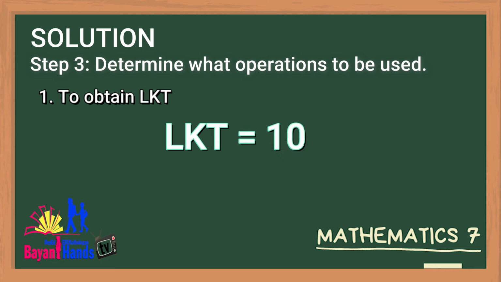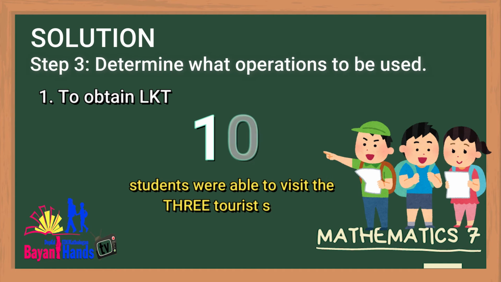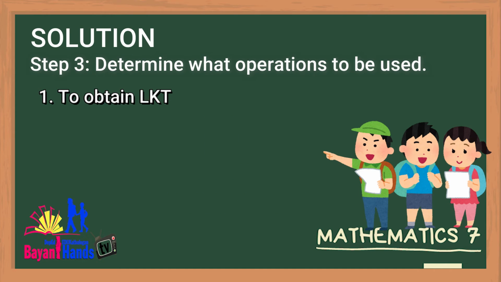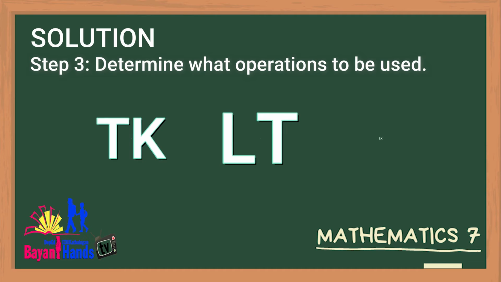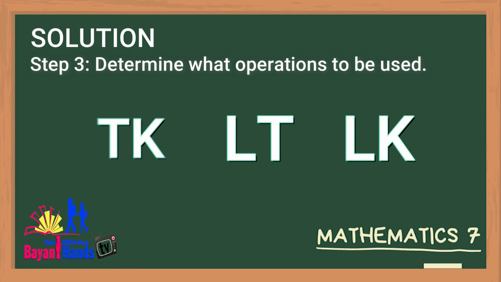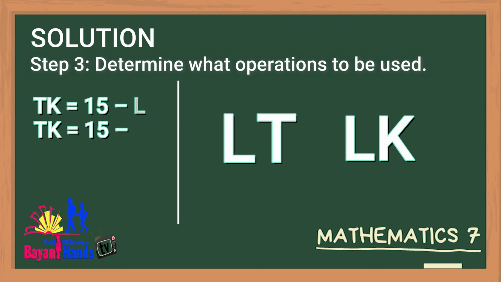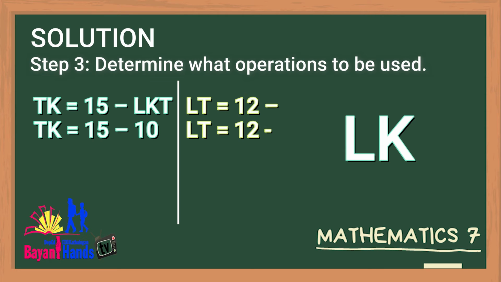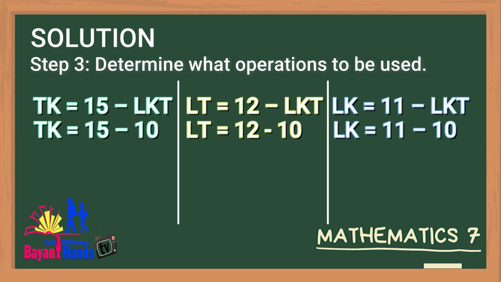First, LKT is 10 from the given, meaning 10 students were able to visit the 3 tourist spots. TK, LT, and LK are the 4 students who went to only 2 tourist places respectively. It follows that TK is 15 minus 10, LT is 12 minus 10, and LK is 11 minus 10.